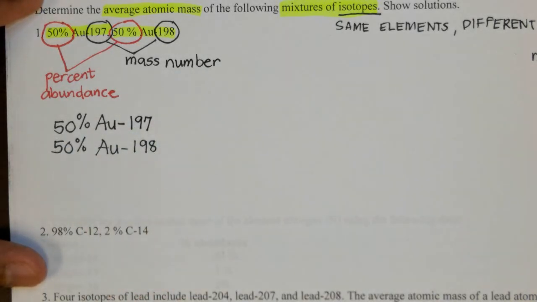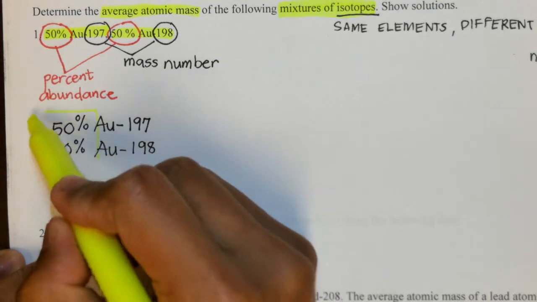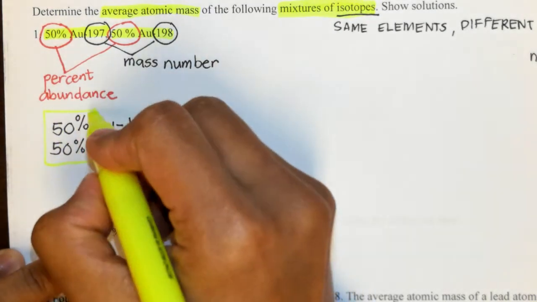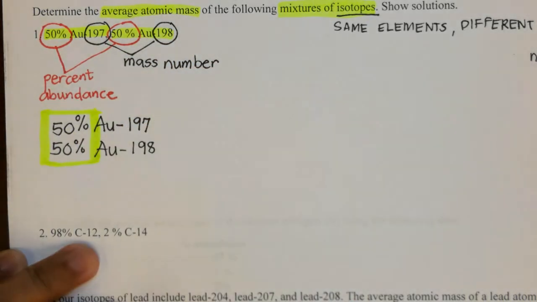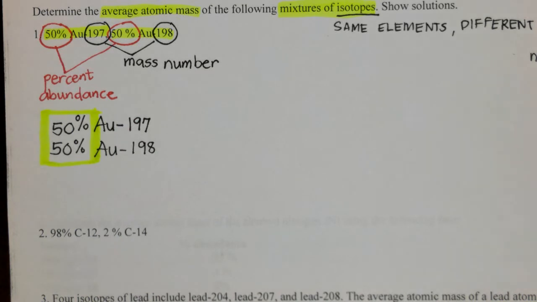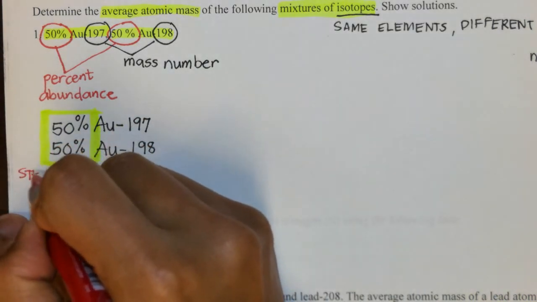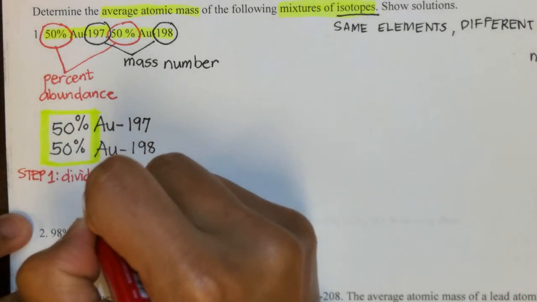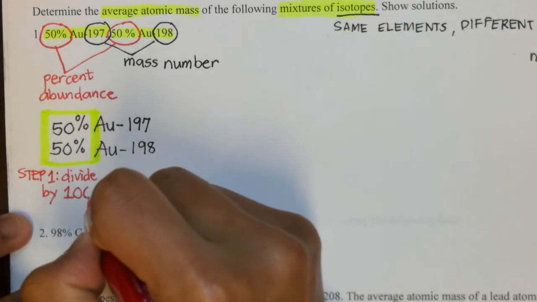So let's begin with our step 1. Step 1 is focusing on the percentage. So let me box that, okay? So focus on the percentage first. So what do we do with the percentage? Step 1 for the percentage is divide by 100.